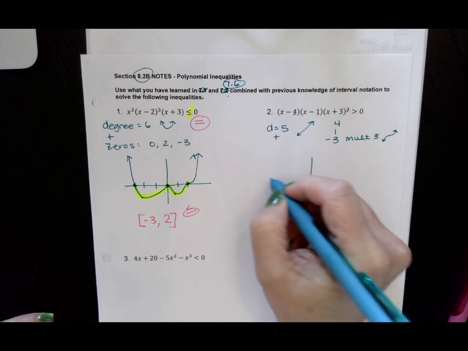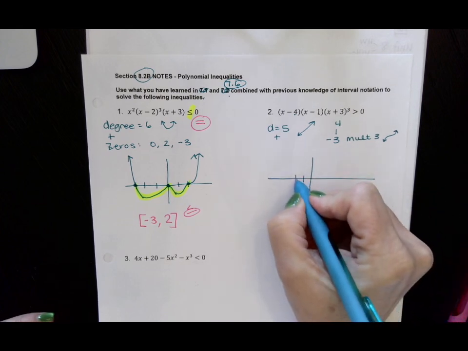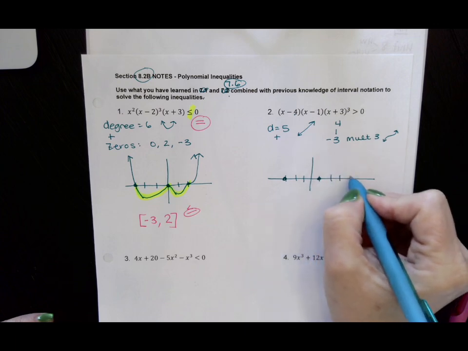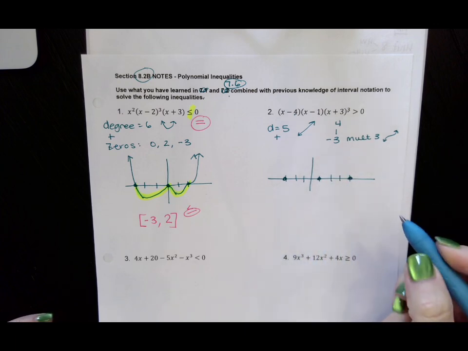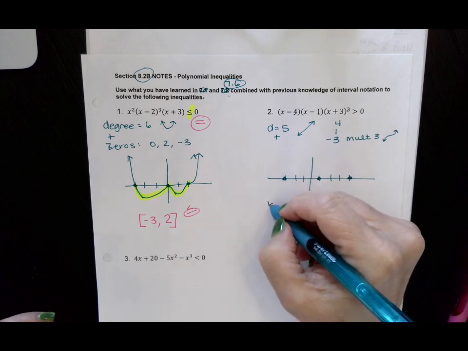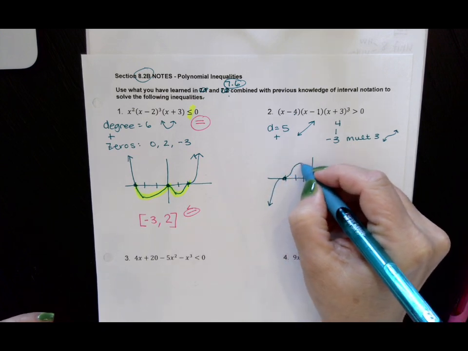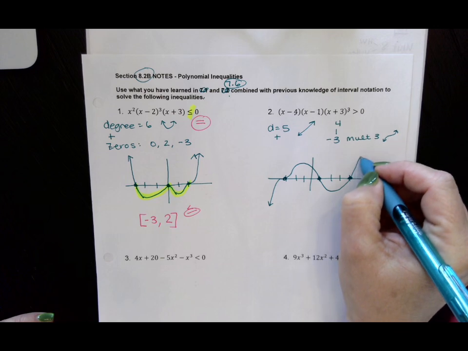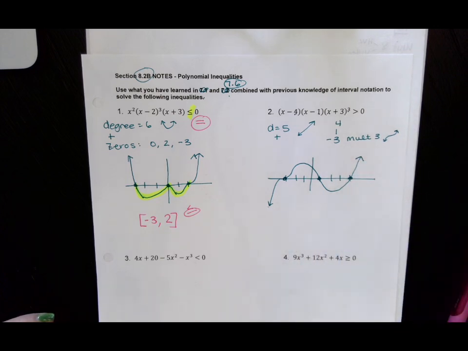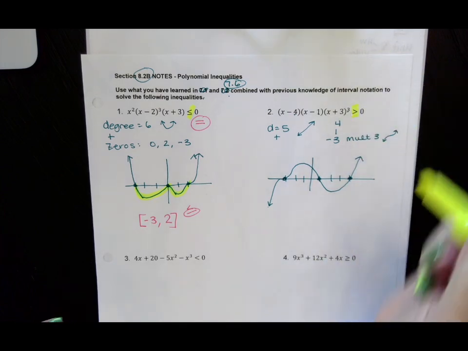So if I go in here, I have -3, +1, and +4. All right, so I have a flat cross at -3. That's the first number that I come to. So I have this flat cross here, and then I cross through, and I cross through, and I have down, up. So that works.